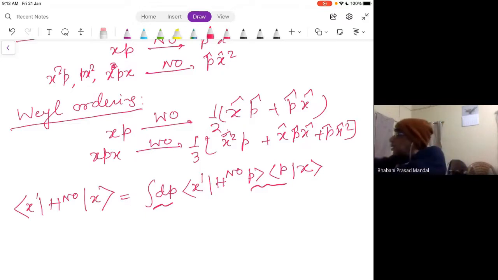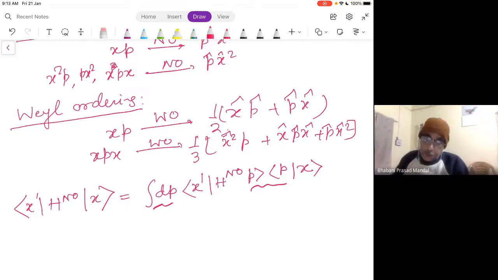Just a moment, there is some confusion. Let me check from Ashok Das's book. I think the argument here may not be valid, which I'm going to tell you, but just do it. Weyl ordering is fine, but normal ordering, okay, so everything is fine.